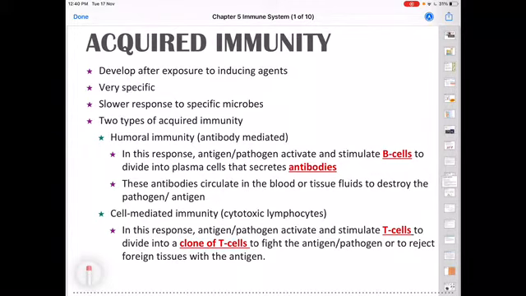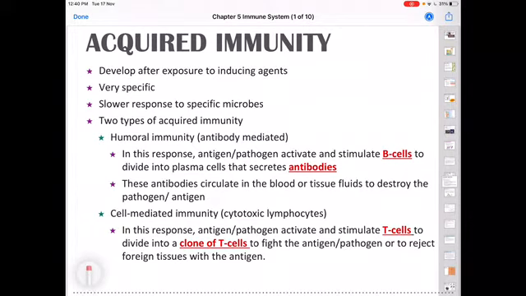Second, we can get this type of immunity from vaccines. And then we can also get this acquired immunity from a person who was already infected by the pathogen and has recovered. So we extract the blood serum from the individual and get the serum as the immune source.